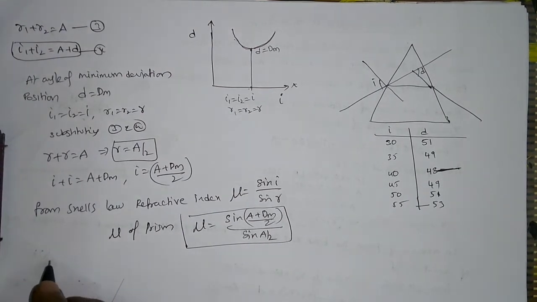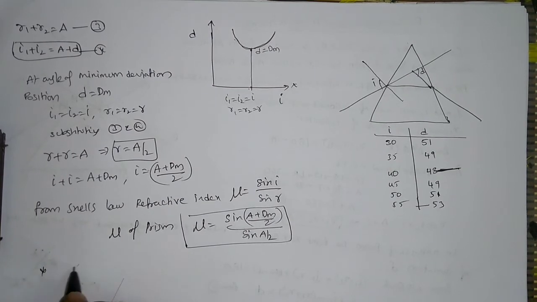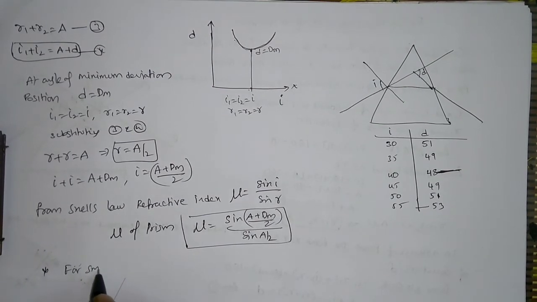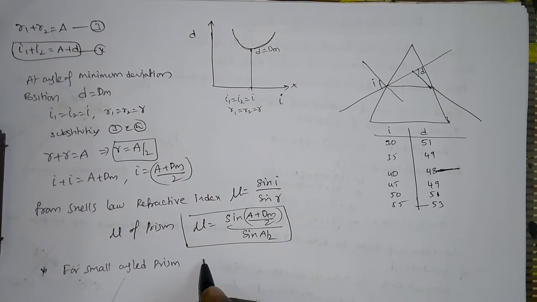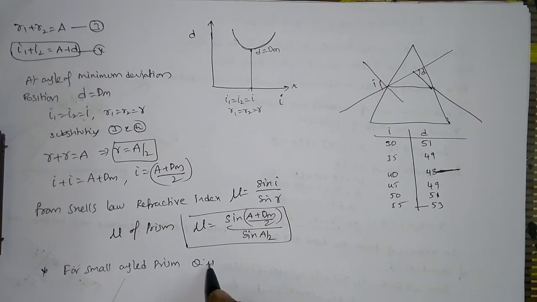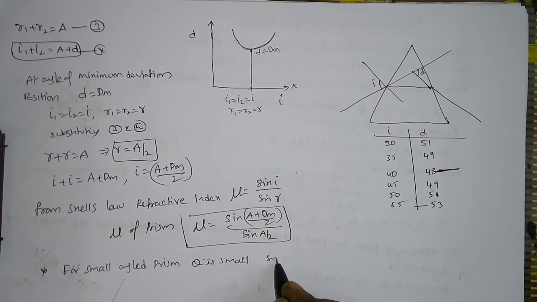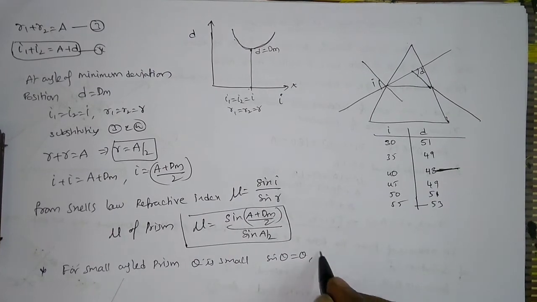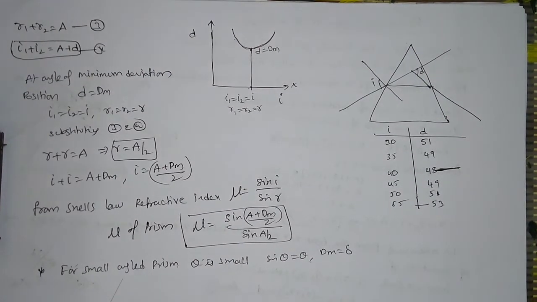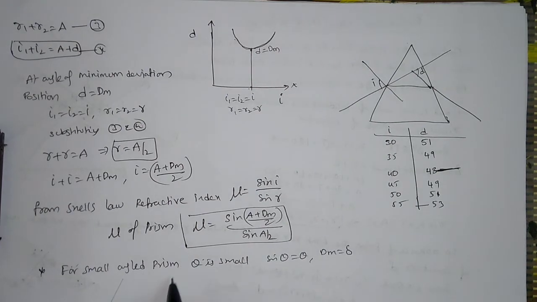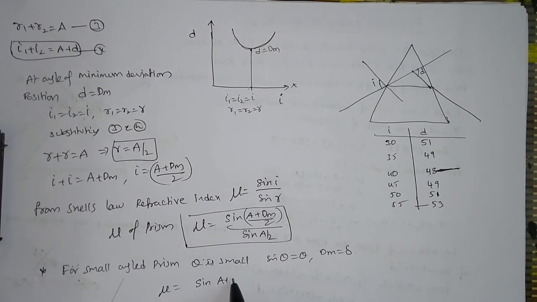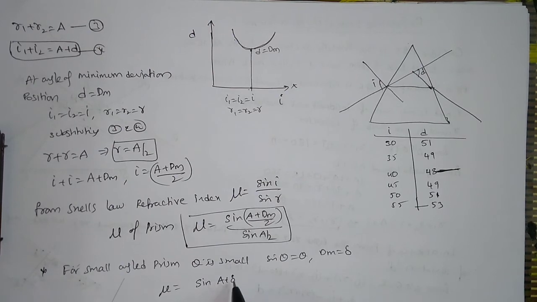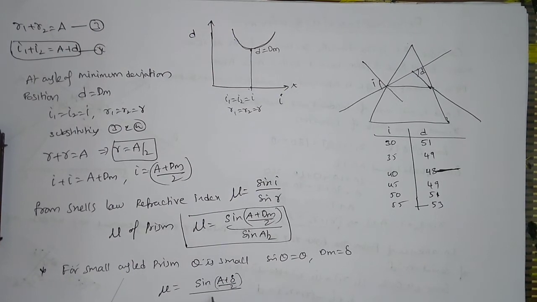So for a small angled prism, from the competitive point of view, we know that theta is small. That means sine theta is equal to theta. That is, Dm is equal to, simply, delta. So substituting, what you will get? Mu is equal to sine of (A plus delta) by 2, divided by sine A by 2.